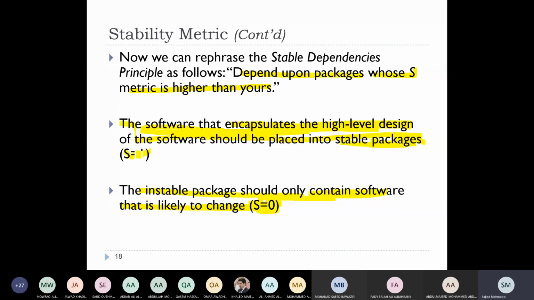Hence, the part of the system I want to change or know needs to be flexible, I can put in those packages, because I'm going to organize them in such a way that packages depend on each other toward higher S values.